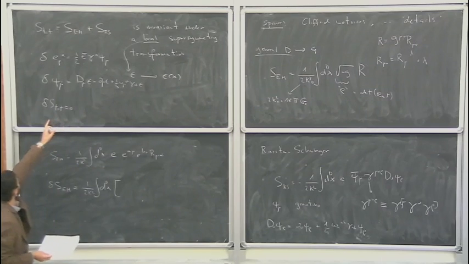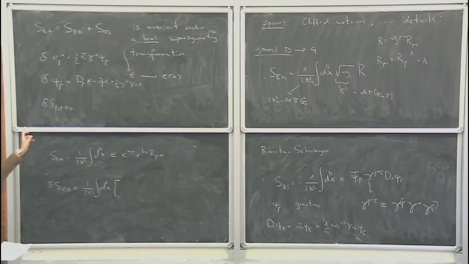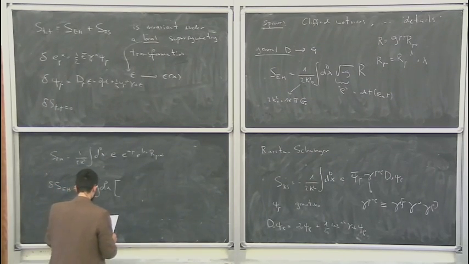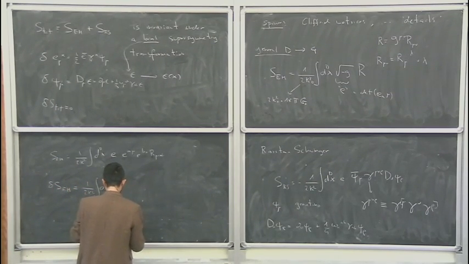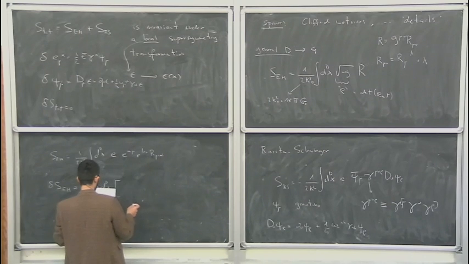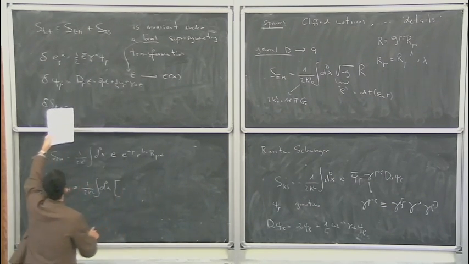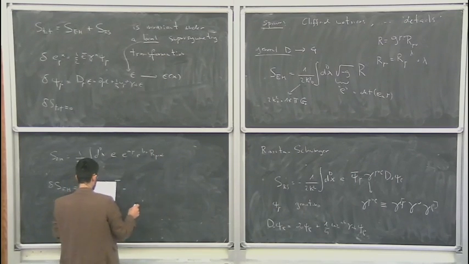So here I gave the variation with the lower index, and in gravity, or in supergravity in particular, you don't lower and raise indices carelessly without checking what you're doing. If you check it carefully, you find that there is a minus sign when you vary the field bind with one index up.